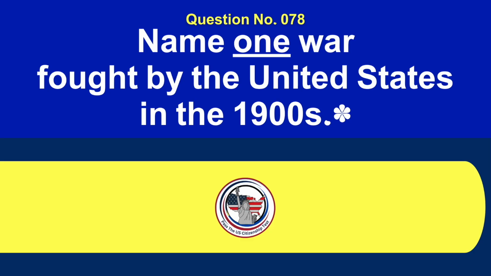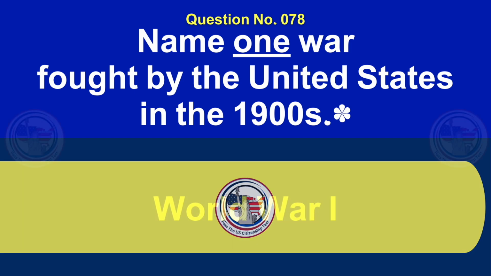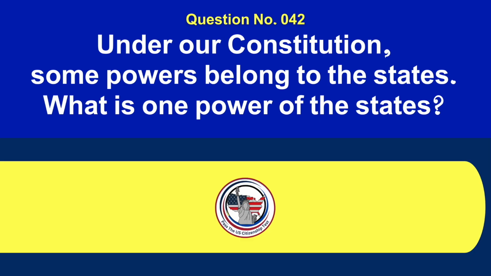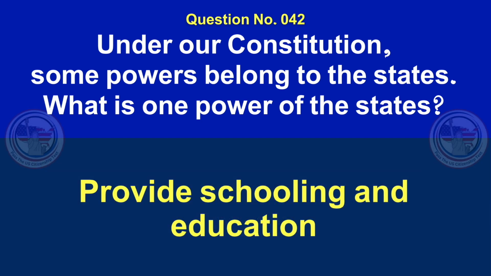Name one war fought by the United States in the 1900s. World War I. Under our Constitution, some powers belong to the states. What is one power of the states? Provide schooling and education.